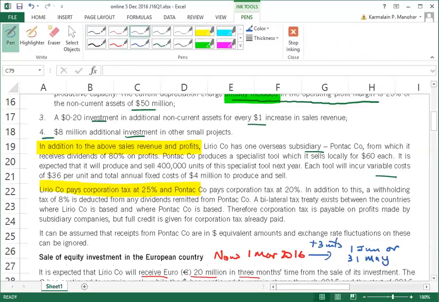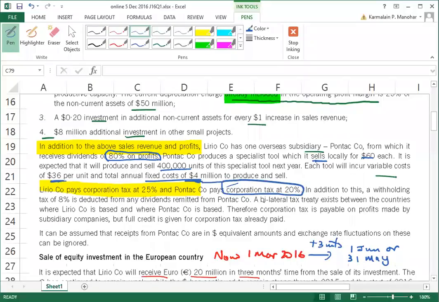So if it's producing all of that, 400,000, 60 each will include variable cost of 36. So we have selling price, we have variable costs, we have fixed costs. What we need? 80% of profits. So we need to find profits. Oh yeah, and after we subtract all of those, tax down here, correct?